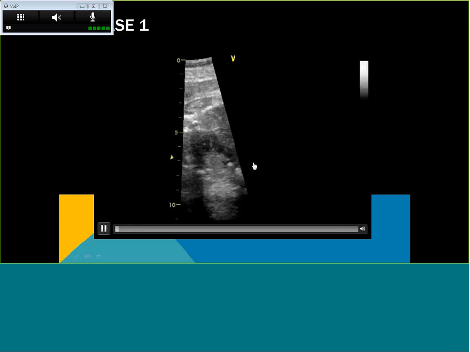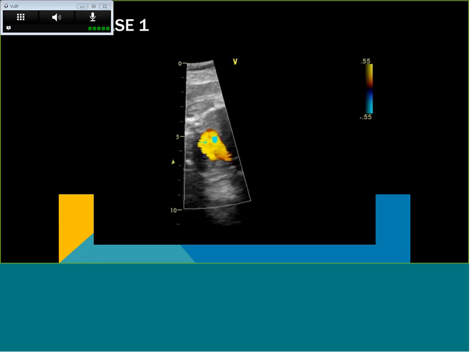In our 3-vessel trachea view, anterior, posterior, this is pulmonary trunk to ductus. This is aortic arch here. And again, if you look at the isthmus and the ductus, they're pretty much about the same size, maybe just a little bit small in terms of the aortic arch.